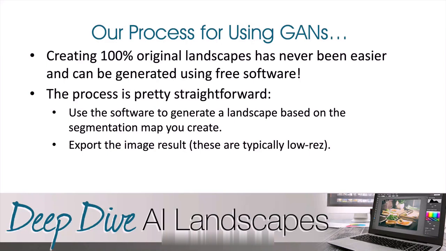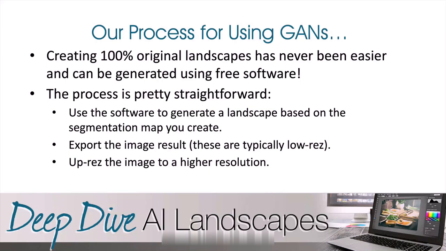The image result that you get once you have created this segmentation map and the landscape is to export the image result. These are typically low res, so we're talking 512 pixels square is what I've been seeing mostly. So you'll export that image.